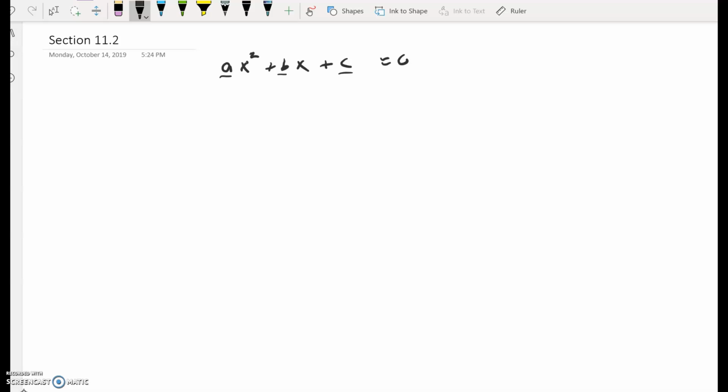So we are going to first of all divide both sides of the equation by a.